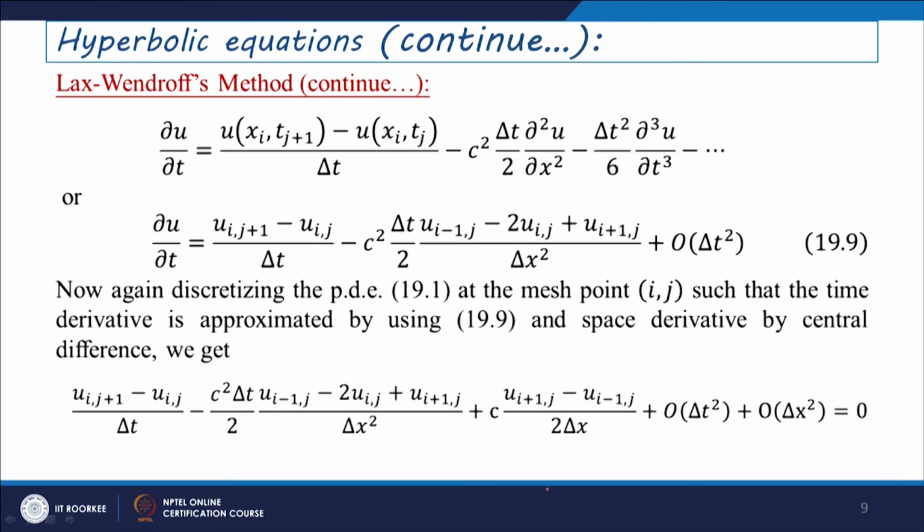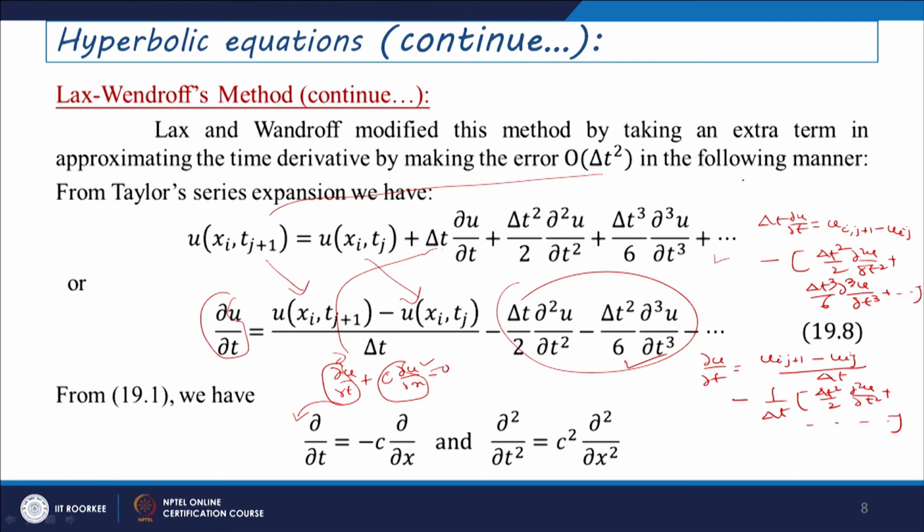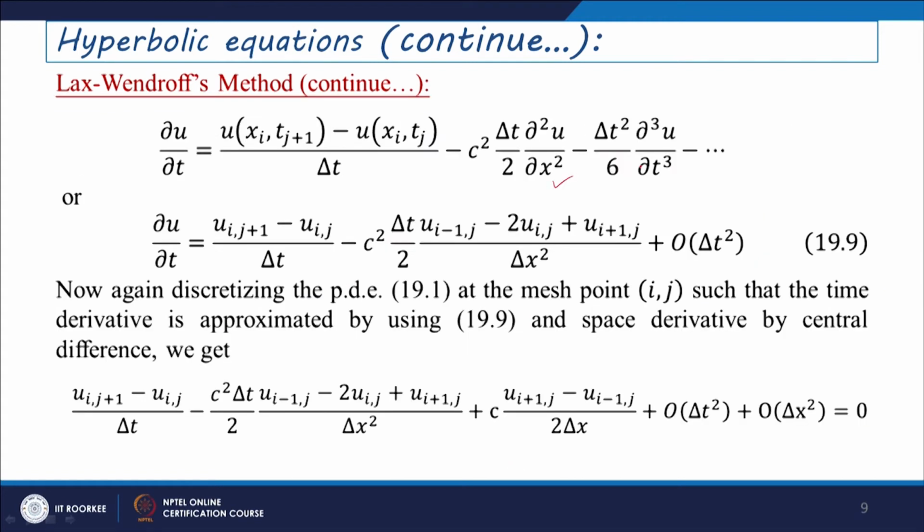And if you put these terms, then we can obtain the series expansion as del u by del t equals u of xi tj plus 1 minus u of xi tj by del t minus c square del t by 2 del square u by del x square minus del t square by 6 del cube u by del t cube minus all the other terms. And if you see here, the terms containing del by del t here or del square by del t square can be replaced by the terms containing x here.